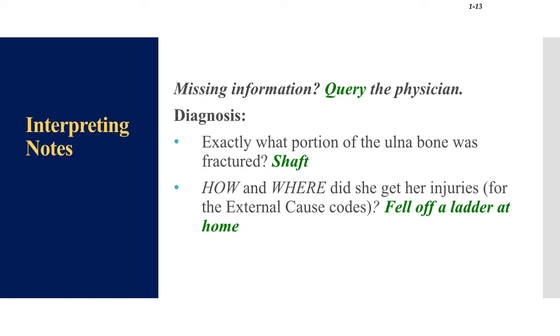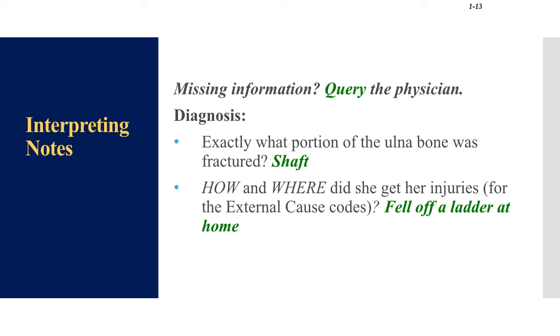So we have to query the physician and find out which specific part of the ulnar bone was fractured. Now, you certainly don't want to report an unspecified code here because that makes the physician look like an idiot. And we're sure he's not an idiot, okay? How could you know a bone is fractured and look at an x-ray and not know what part of the bone is fractured, right? Okay.